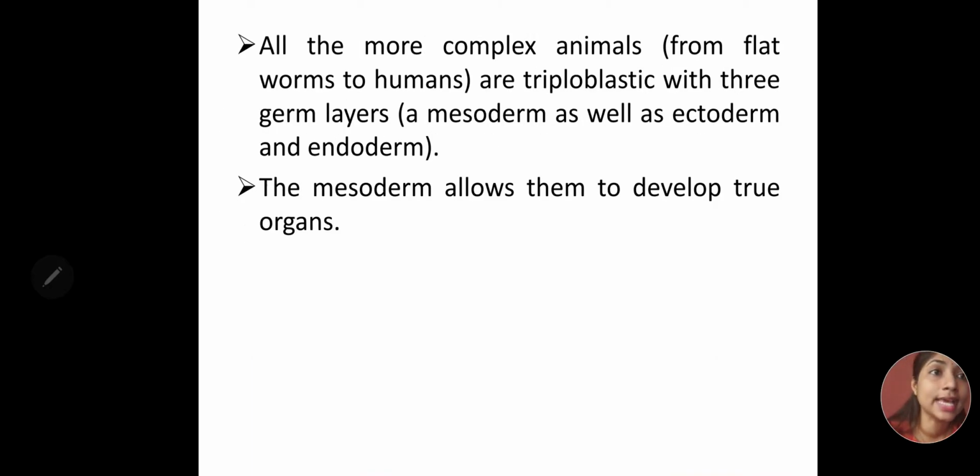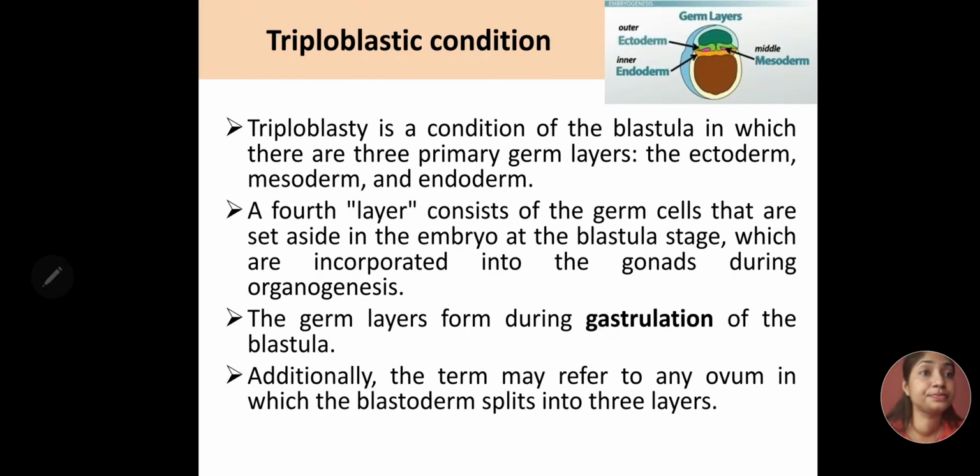All the more complex animals from flatworms to human beings are triploblastic with three germ layers. A mesoderm as well as ectoderm and endoderm is present, therefore three layers, and they are called triploblasts. And the mesoderm allows them to develop true organs. In the triploblastic condition, the blastula gives rise to three primary germ layers, that is the ectoderm, mesoderm, and the endoderm.